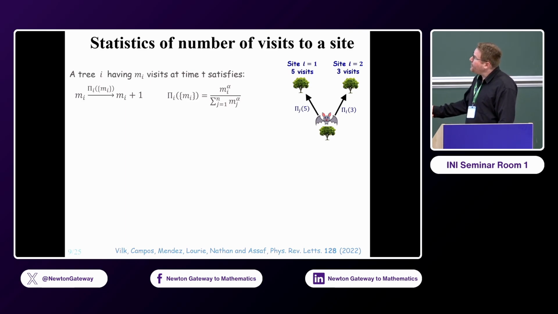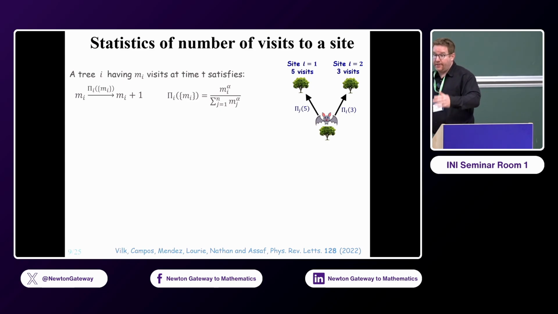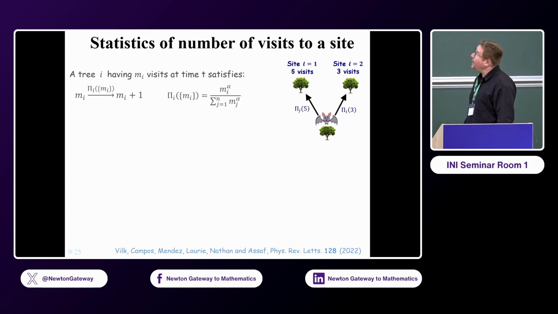So, the number of visits grows by 1 with probability which is proportional to pi_i, given by this expression. We are interested in the asymptotic, t goes to infinity, dependence of these number of visits on time. We want to know how many times a tree is visited and what's the ratio, and whether all trees are visited or only a few trees are visited, and this is what we wanted to investigate.